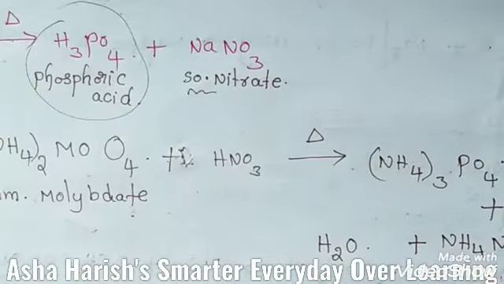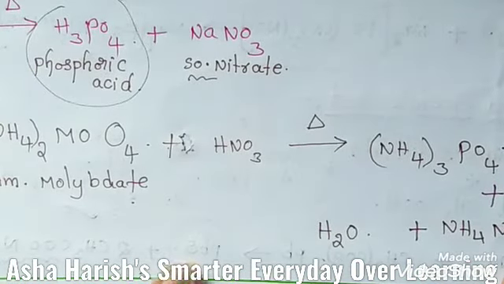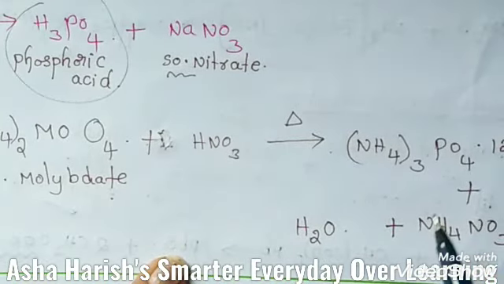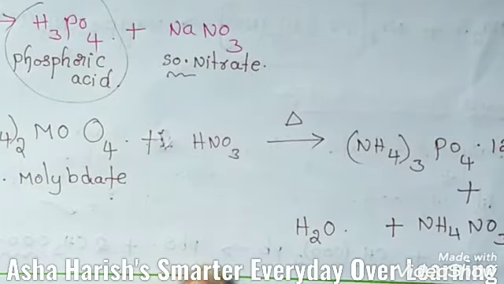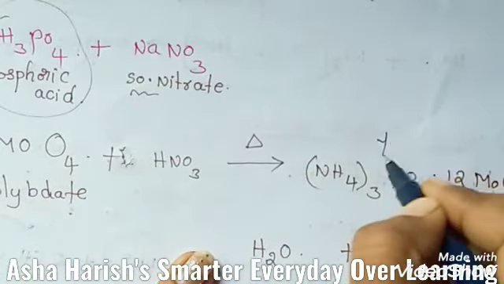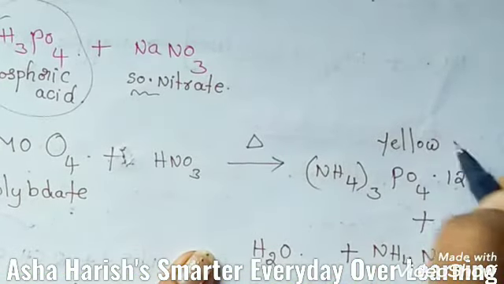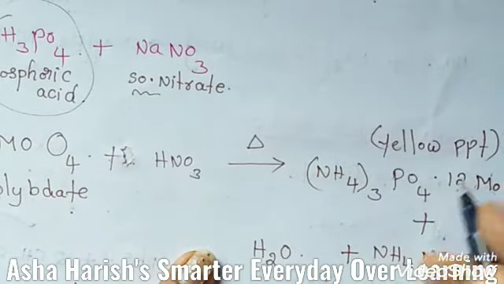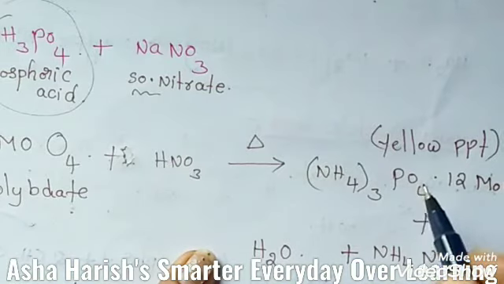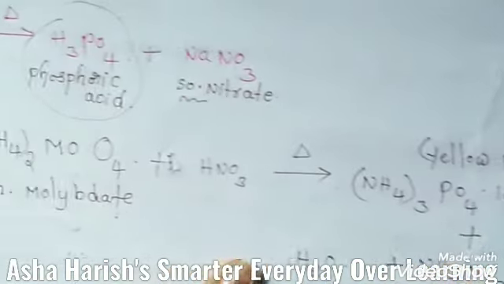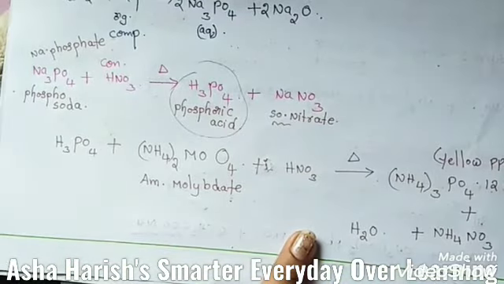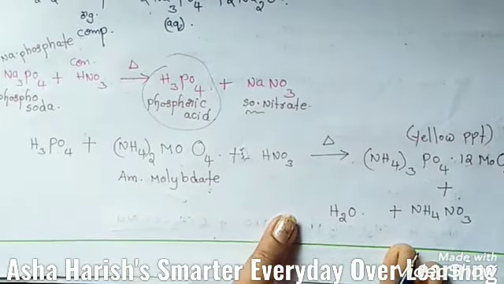We see the appearance of a yellow colored precipitate due to the formation of ammonium phosphomolybdate. This is the yellow colored PPT. The name of this compound is ammonium phosphomolybdate. This indicates the presence of phosphorus in that particular organic compound. This is the entire equation.